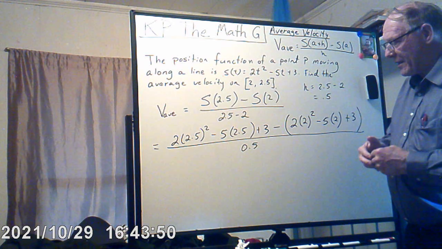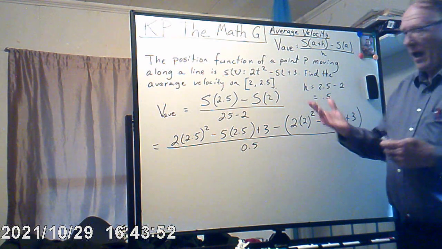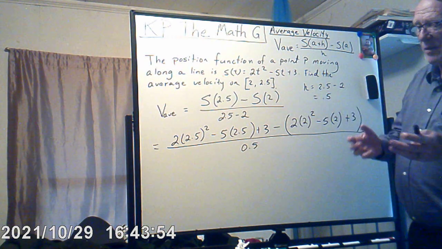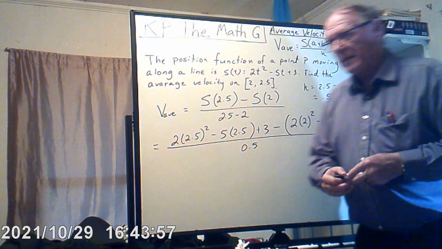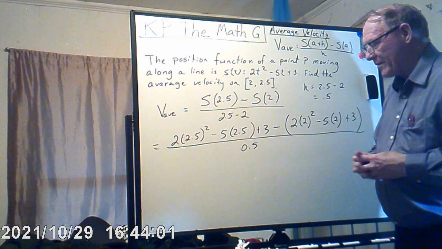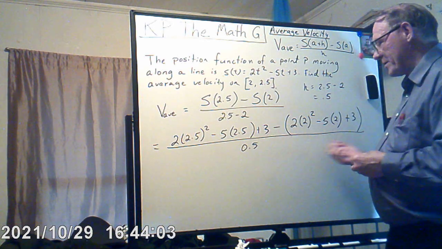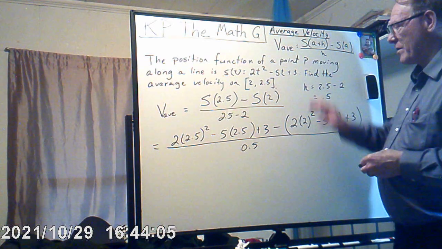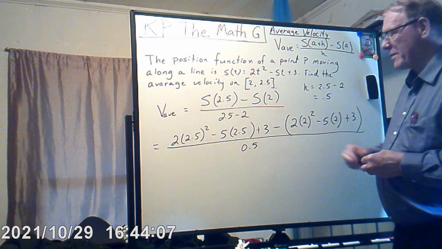We got the numbers in there, and I'm not sure now. I've been away from it for a little while, but if you're a teacher, maybe you can help me with this. If they plug the numbers in, do they have enough, or do they have to find the average velocity?